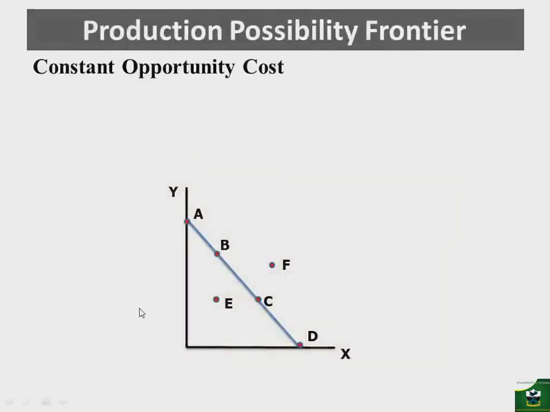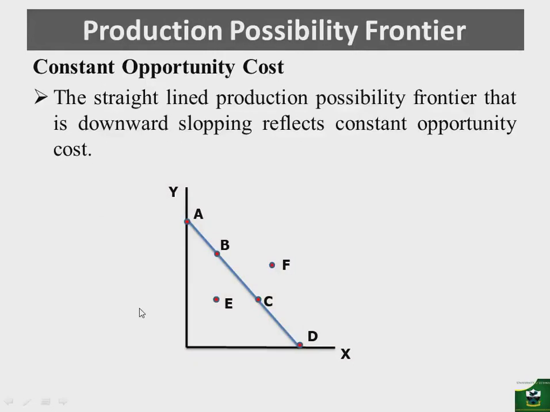Let's look at constant opportunity cost. The straight line production frontier that is downward sloping reflects the constant opportunity cost. The assumptions and the analysis we did earlier still stand here, that points such as E, which lie inside the PPF, are inefficient.